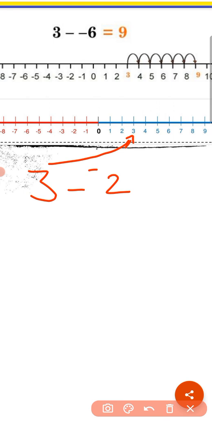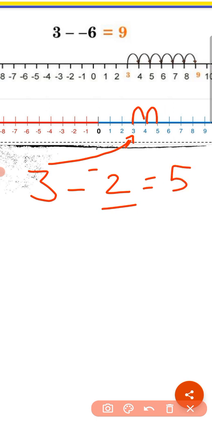Now we are subtracting negative 2. Negative means you should move to the right side. 2 steps to the right side. So 1, 2. So 5 is our answer.